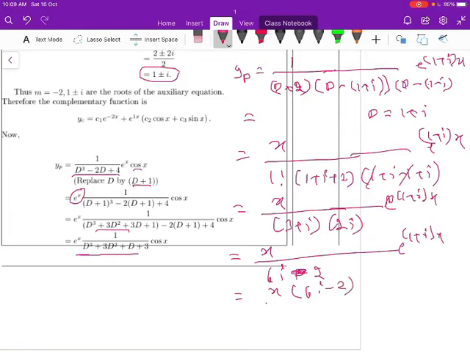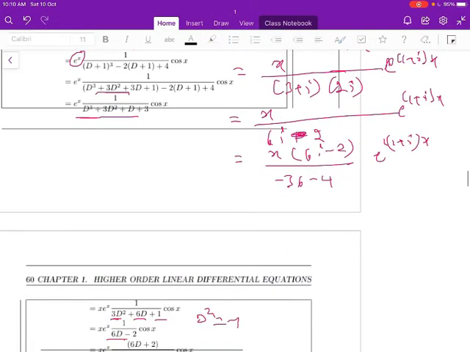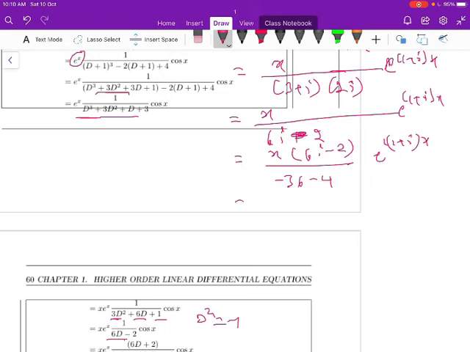So (6i minus 2) by (36i square minus 4) into e to the power of (1 plus i) into x.